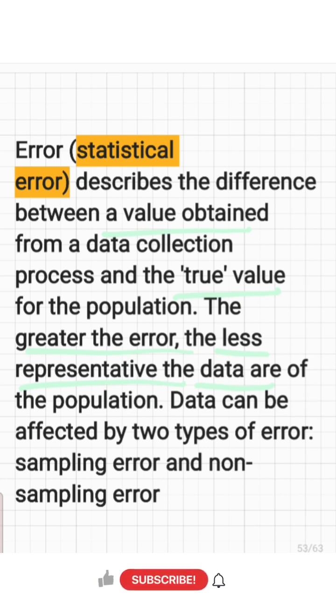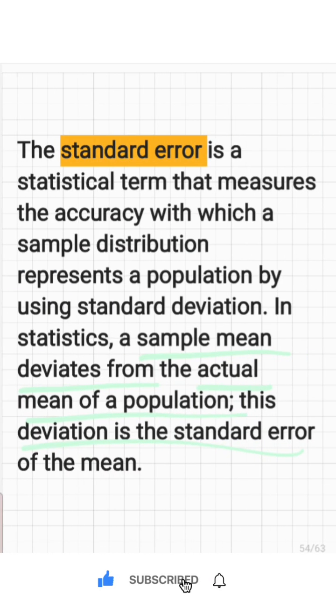That means the value obtained from a data collection process is the approximated value, and the difference from the true value for the population is called statistical error. The greater the error, the less representative the data is of the population, and there may be two types of error: sampling error and non-sampling error.